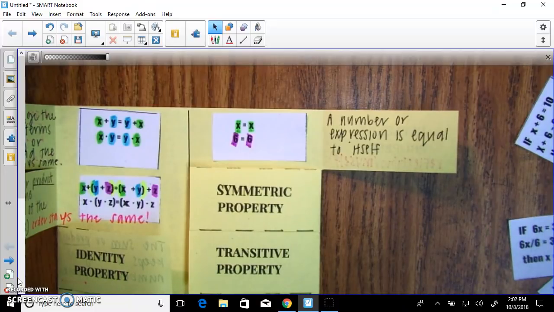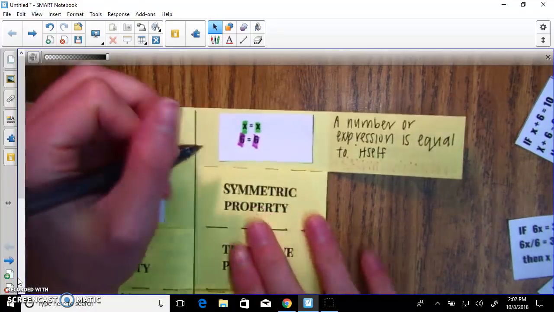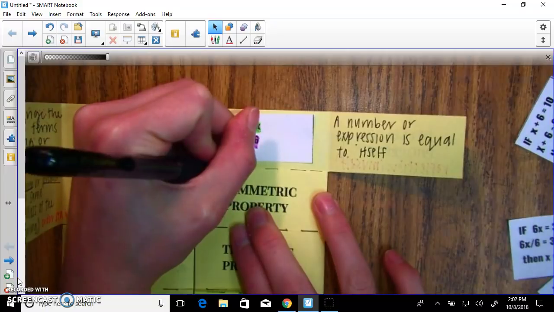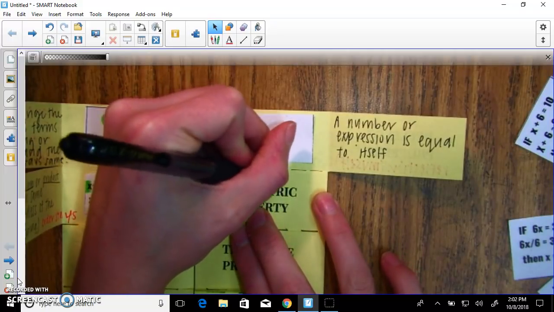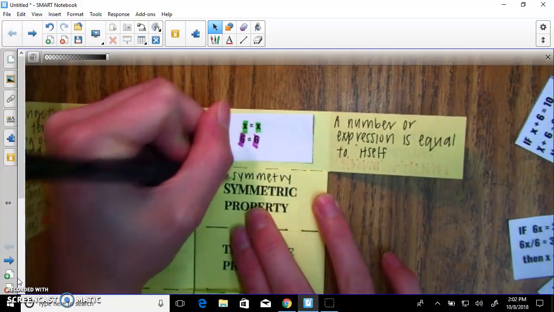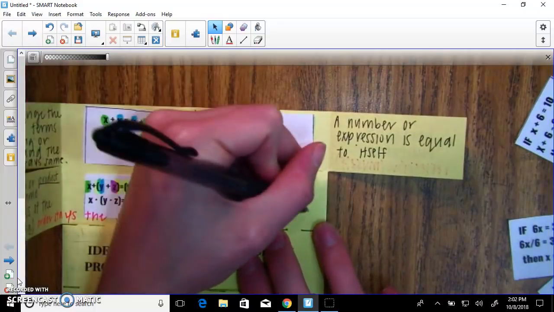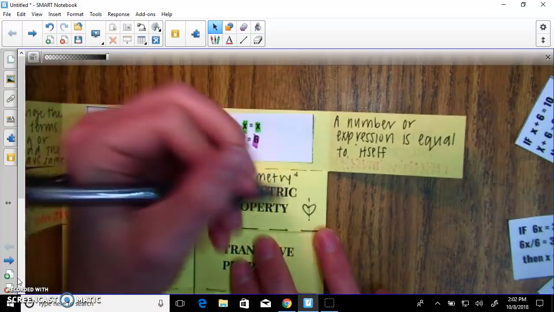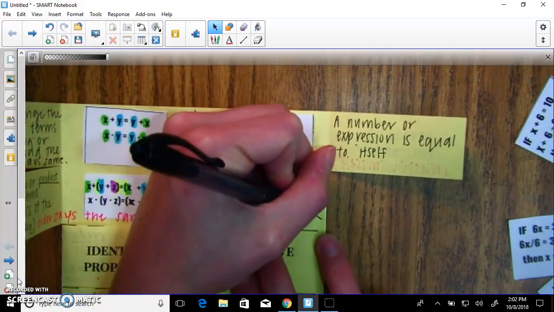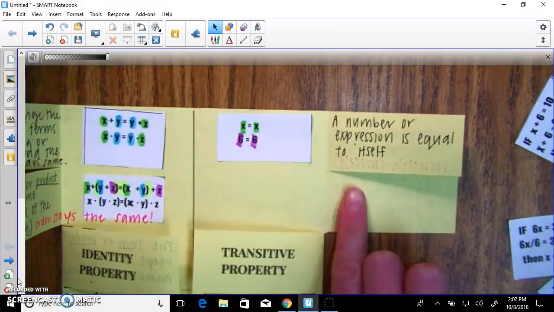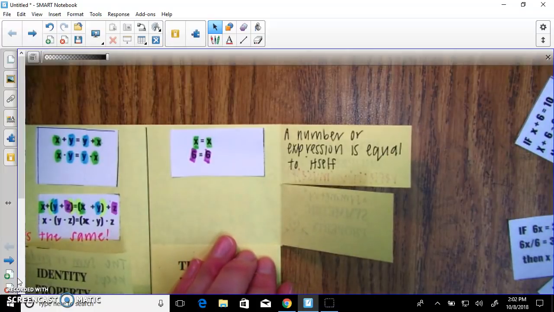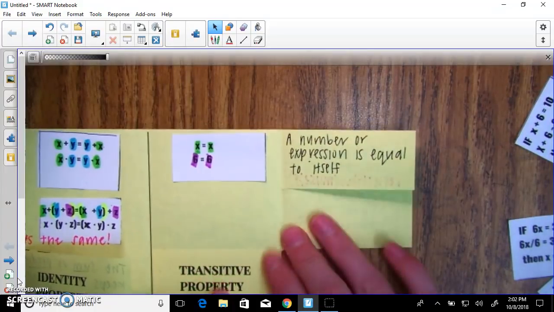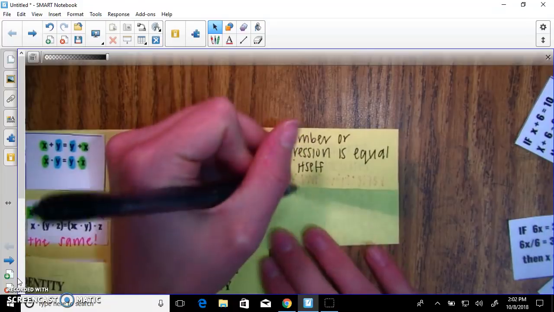The symmetric property is a little bit different. When you see symmetric, think of the word symmetry. Symmetry means that if I have a picture and it's symmetric, I could cut it in half and the left side would look exactly like the right side. It's kind of the same thing with the symmetric property of equality. I'll give you an example.